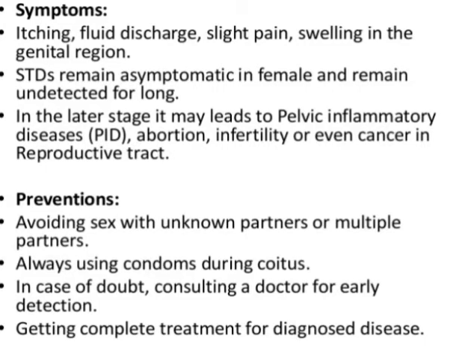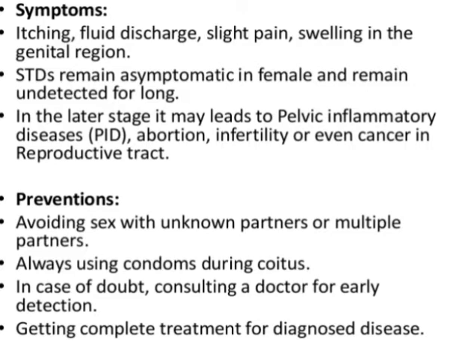The symptoms include itching, fluid discharge, slight pain, and swelling in the genital region. In females, it has been seen that these diseases don't show symptoms at the initial stage and remain undetected for a longer time.